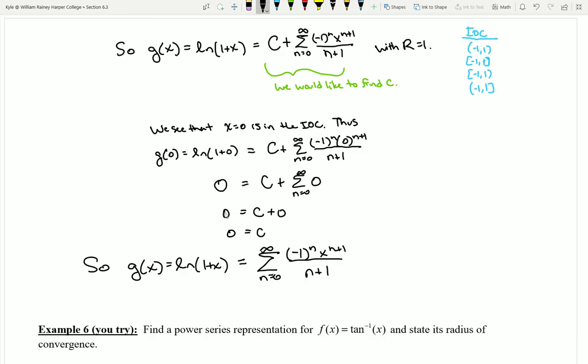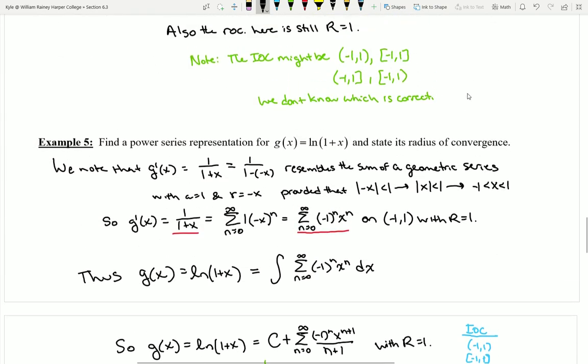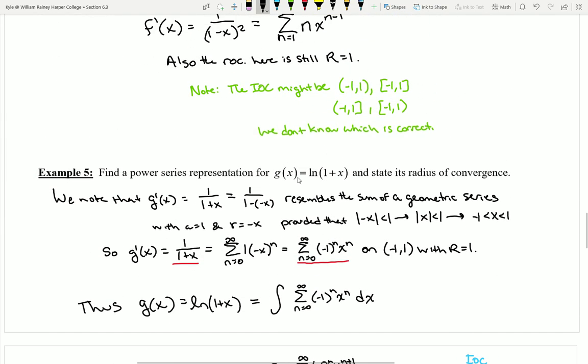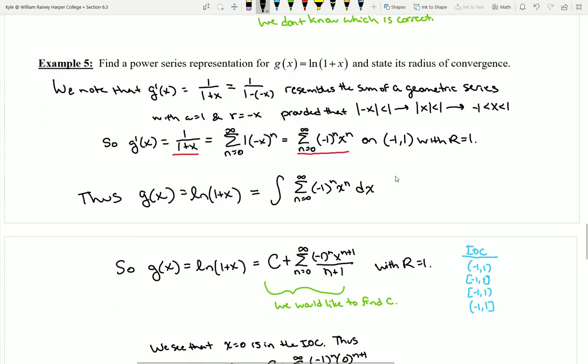I now have a power series that models this natural log function. I know it models it with radius of convergence 1, and I can see the center, so I know that these are still my possible intervals of convergence. So we've fully answered the question: we found a power series representation, and we found the radius of convergence.